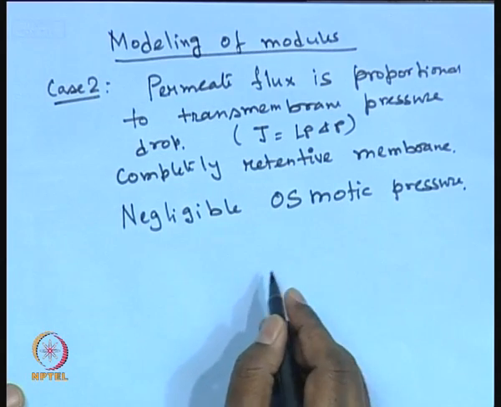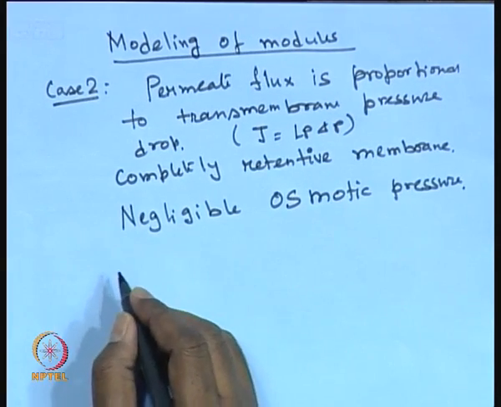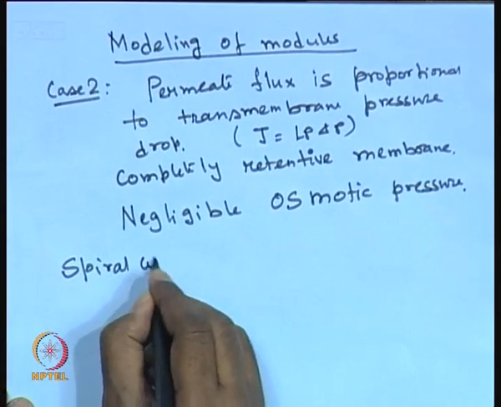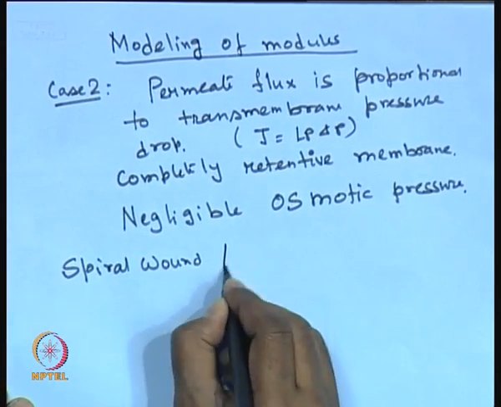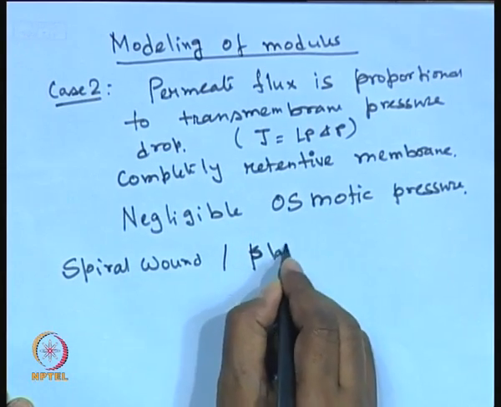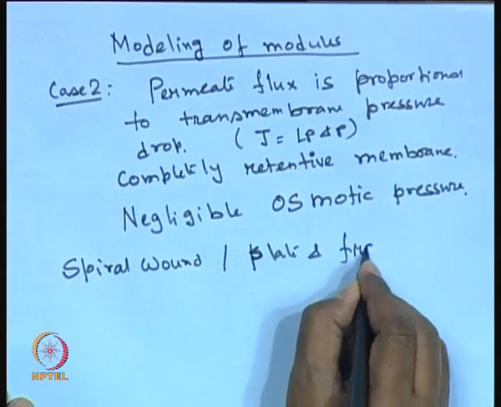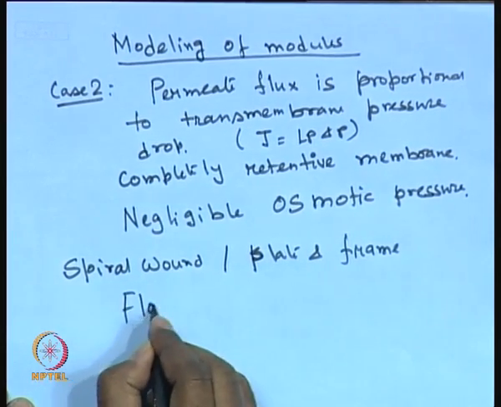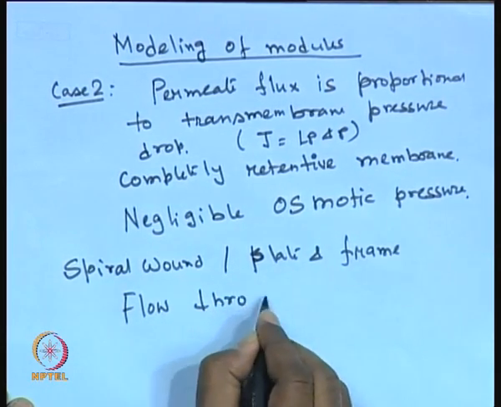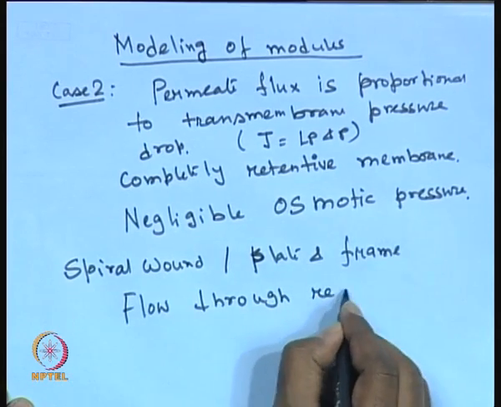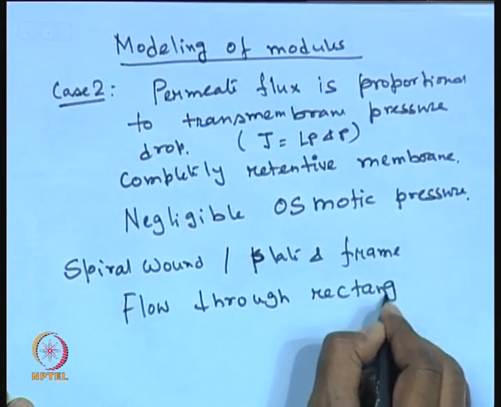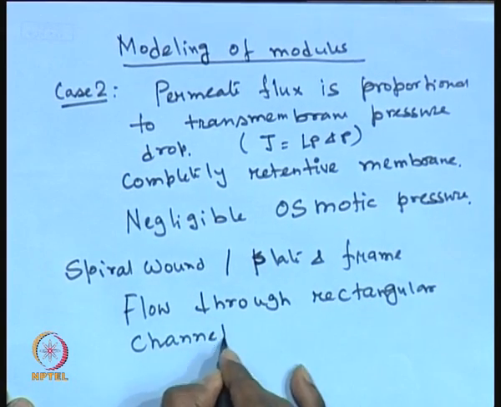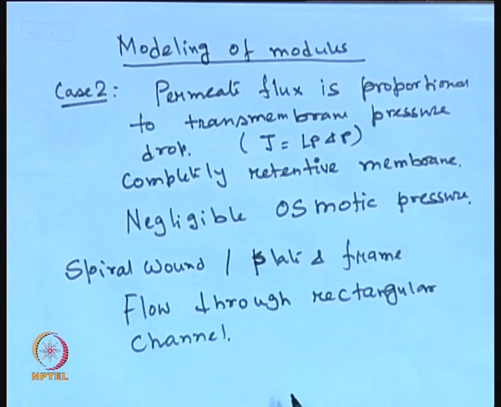Negligible osmotic pressure. So, again we will start with the spiral wound module or plate and frame. That means we are talking about flow through a rectangular channel.